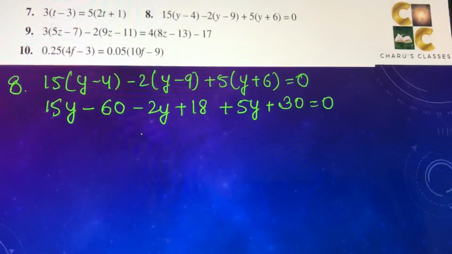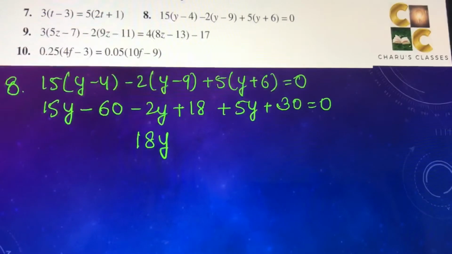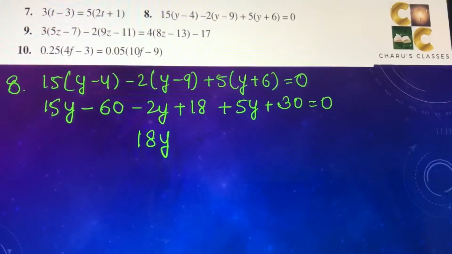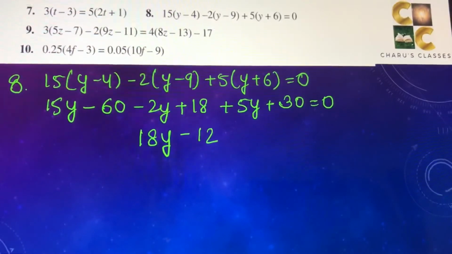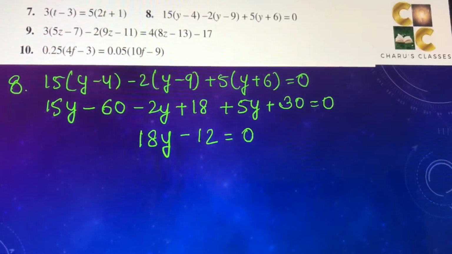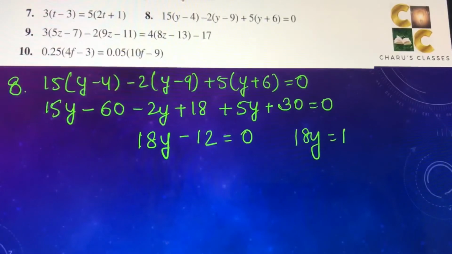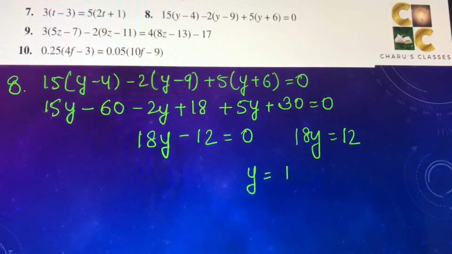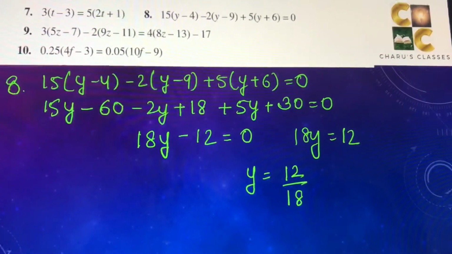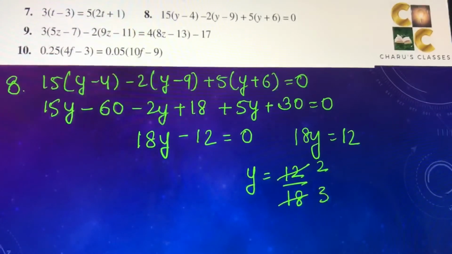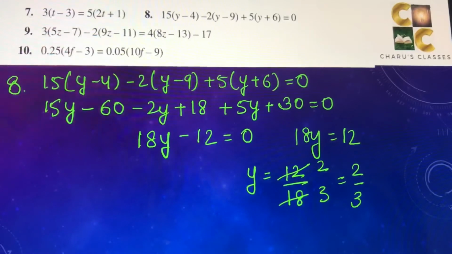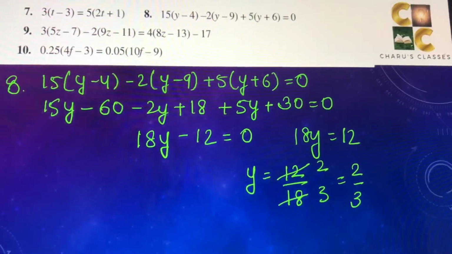Taking y terms together, 20 minus 2, this will give us 18y, minus 60 plus 30, that is minus 30, plus 18, that will give us minus 12 is equal to 0. We can say 18y is 12, or y is equal to 12 by 18. We can cancel it with 6, 2s are and 3s are. This gives us the value of y as 2 by 3.